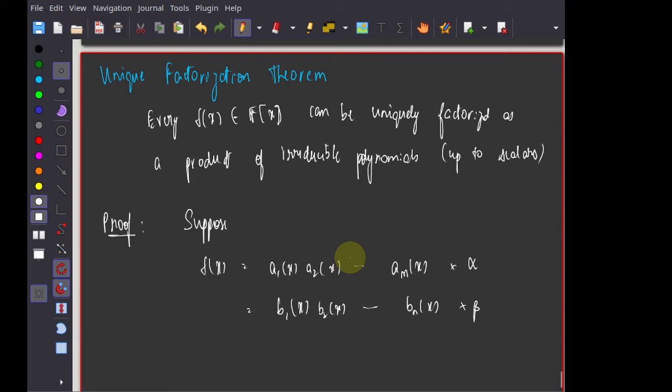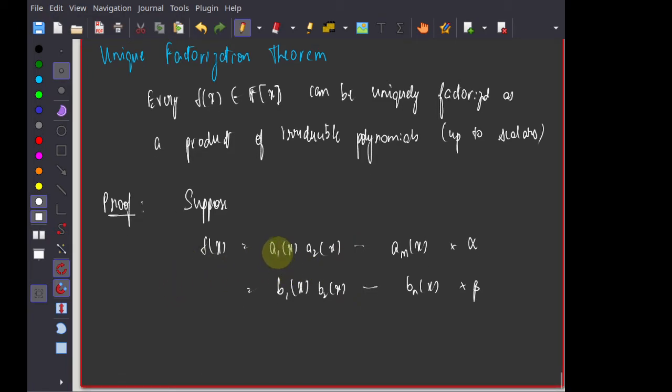They're just different polynomials. The only point is that a1, a2 up to am are all irreducible, and b1, b2, b3 and so on are irreducible. They could be in any order and have any degree. It doesn't matter, I'm making no assumptions.